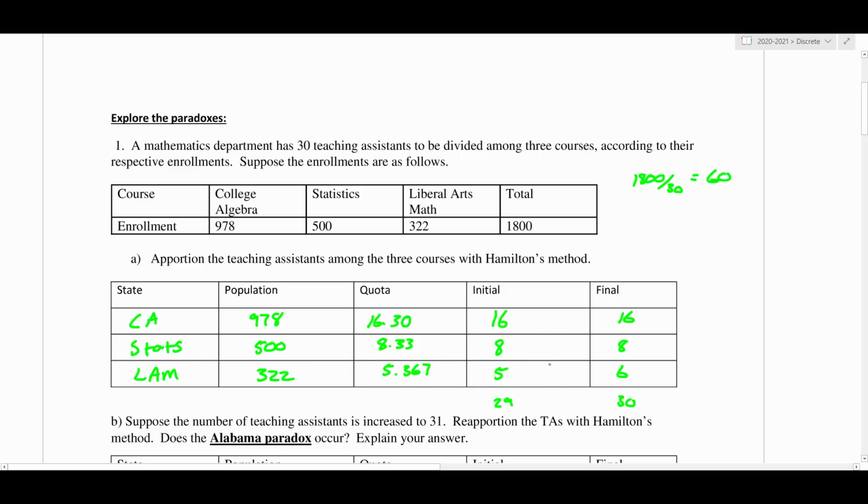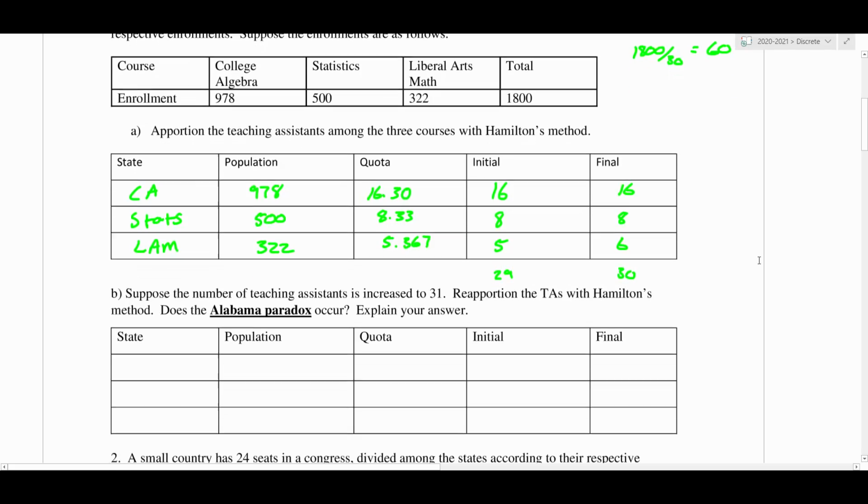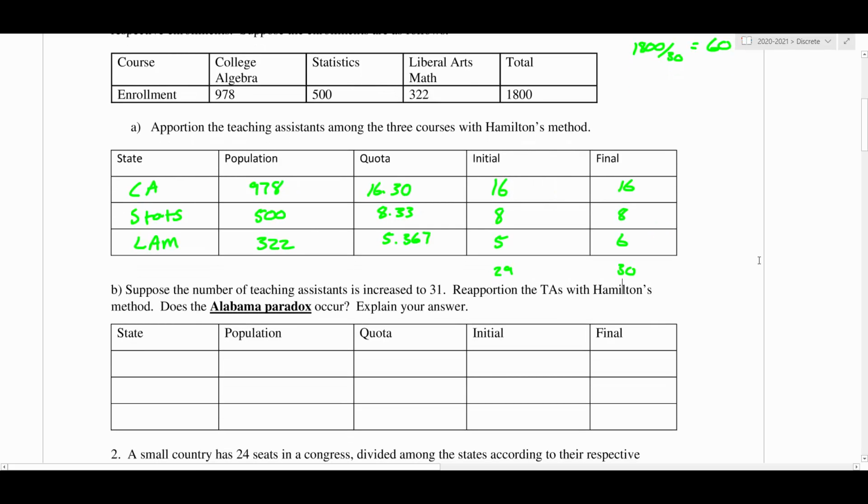Now, where does the problem occur? Well, we have to pretend that instead of 30 teaching assistants, we decide to hire one more. So we're going to increase the number of things that we need to apportion to 31.